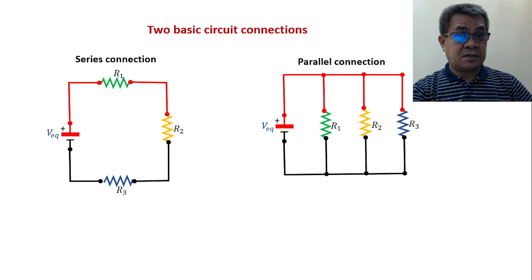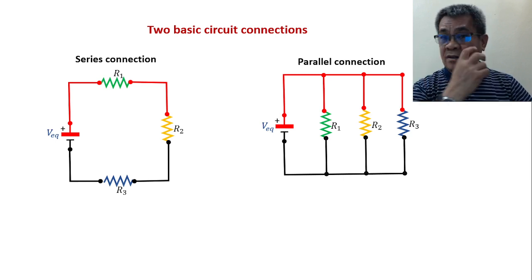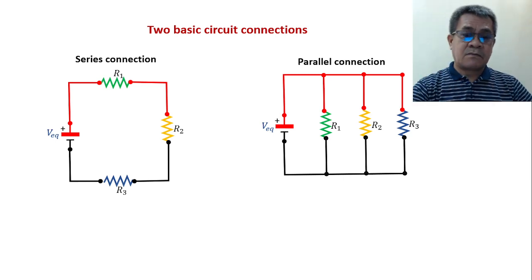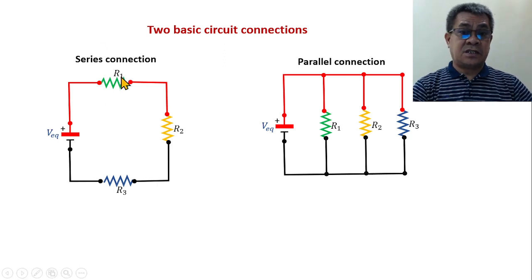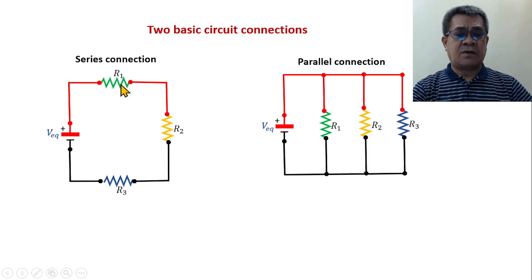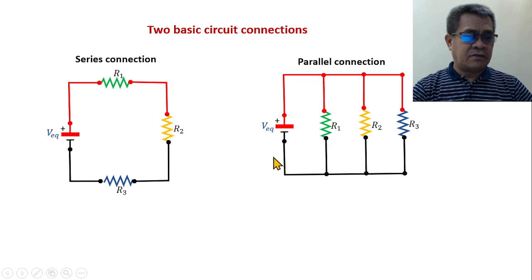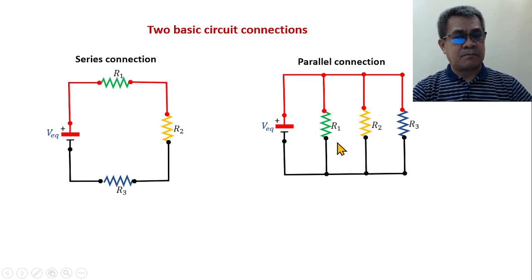Whenever there is a current and a resistance, there is always a voltage. So what is the relationship of the equivalent voltage to the individual voltages of R1, R2, and R3? And so with the parallel connection, what are the equivalent voltage and equivalent resistance?